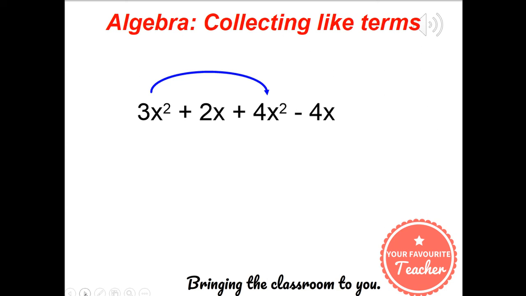So we would look at what are the same terms. In this case, it's x squareds, and we combine them. So those two would be combined, and these two would be combined. So if we actually looked at what the answer should be, it should be 3 plus 4 is 7x squared minus 2x.